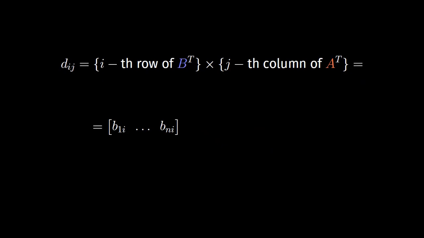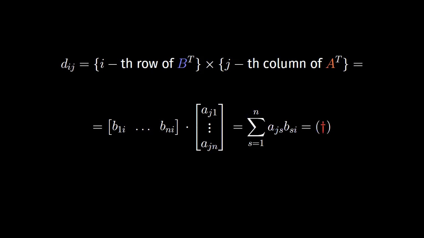So we can rewrite the previous operation as B_1i, B_2i until B_ni times A_j1, A_j2 until A_jn, whose final result is exactly the same dagger result that we found before. And this proves that nice property that we claimed before.